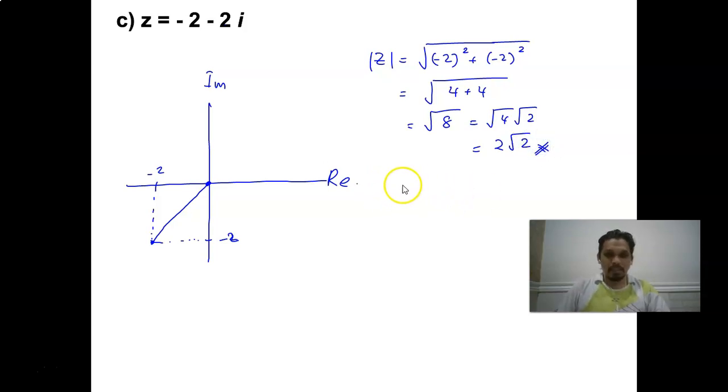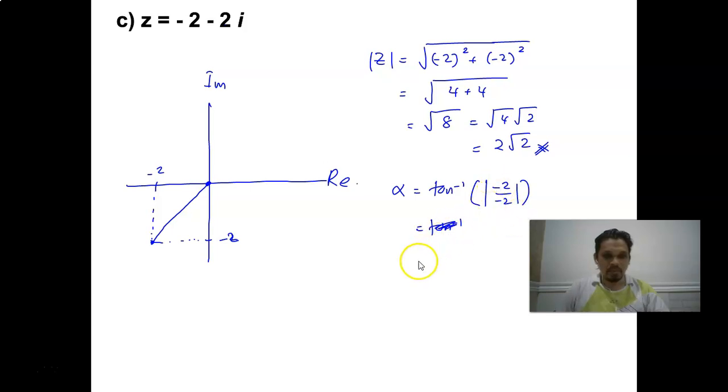Okay, and then alpha equal to arctangent of b over a, which is negative 2 divided by negative 2, and it is arctangent of 1.